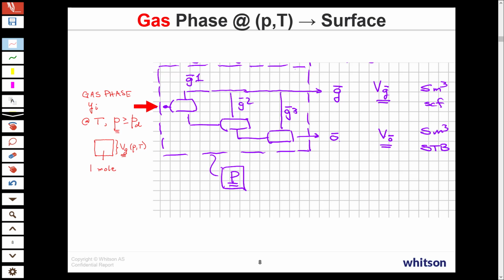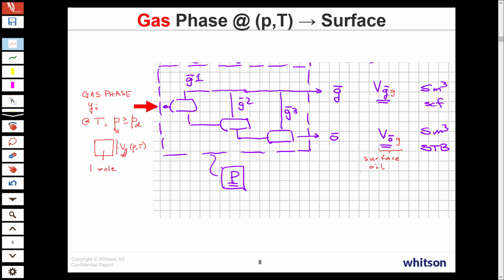So in this case, we're going to say that we get this surface gas product, and because we're going to get something similar from an oil phase, we need some nomenclature that will identify where the surface gas product is coming from. So we're going to add another G behind that to say that this surface gas product is coming from a gas phase at P and T. Likewise, the surface oil product is coming from a gas phase, and this is typically, instead of surface oil, called surface condensate, since it's coming from a gas.